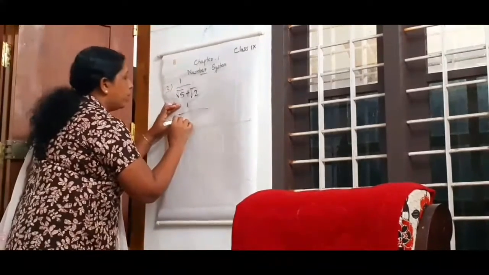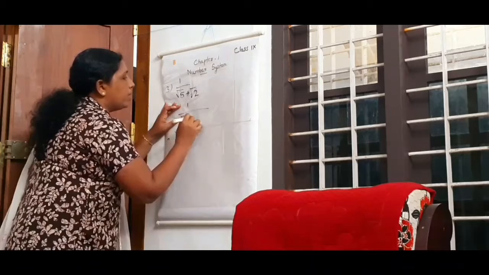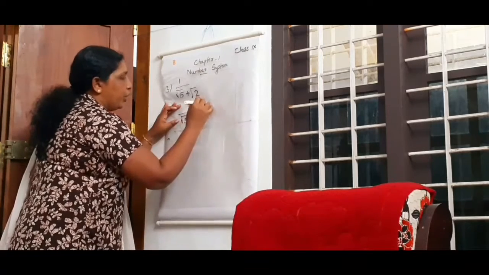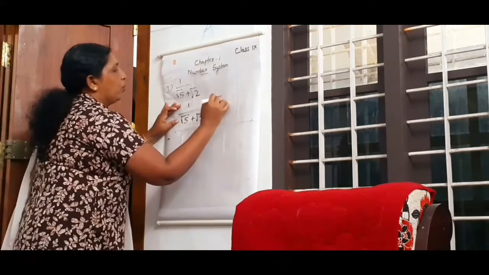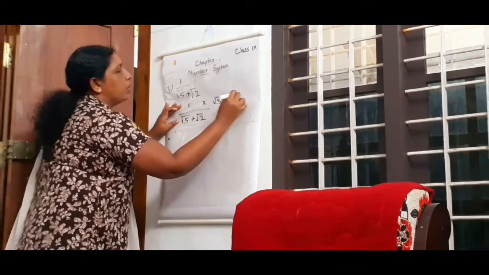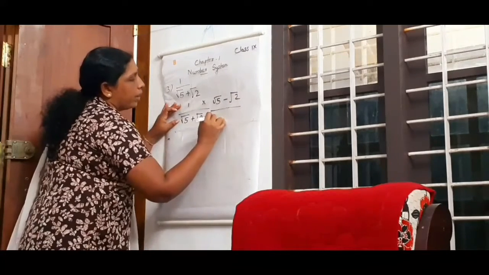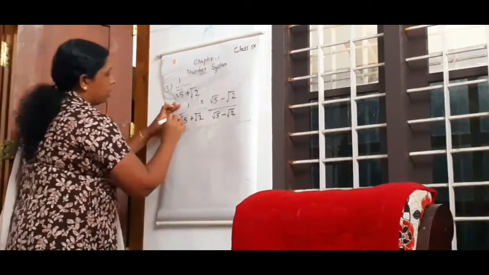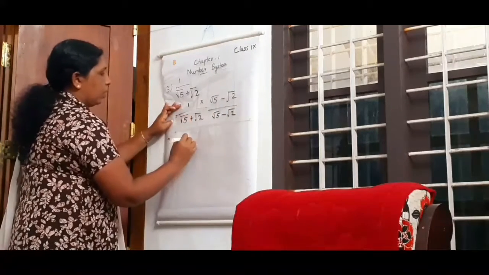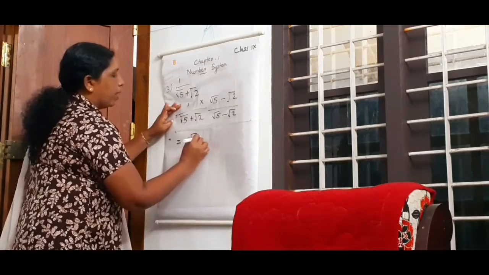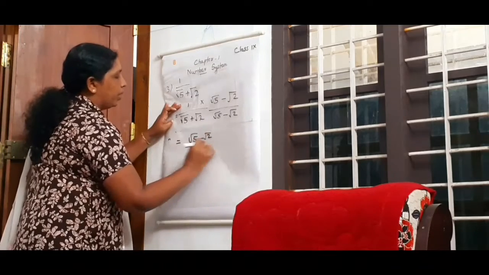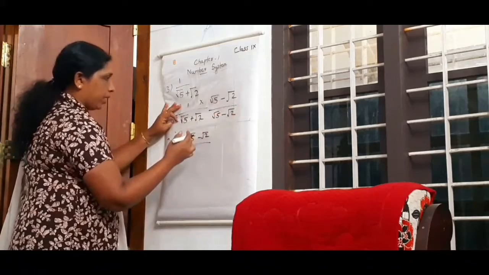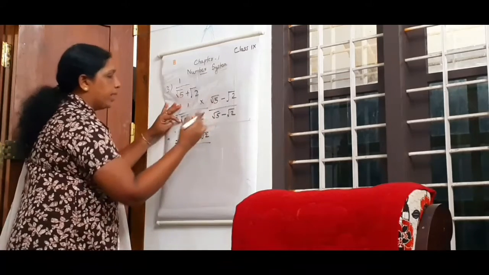So 1 by root 5 plus root 2 into root 5 minus root 2 divided by root 5 minus root 2 is equal to root 5 minus root 2 divided by a plus b into a minus b, that is a squared minus b squared.